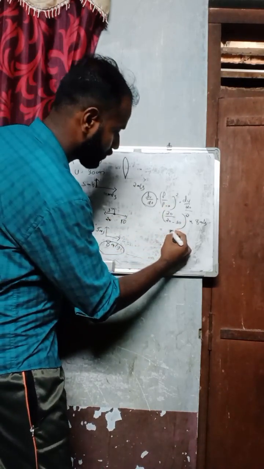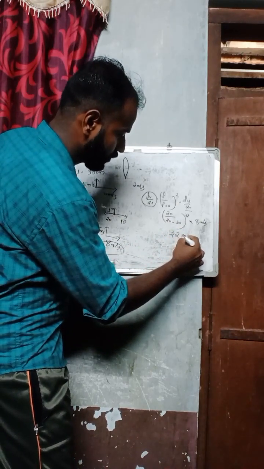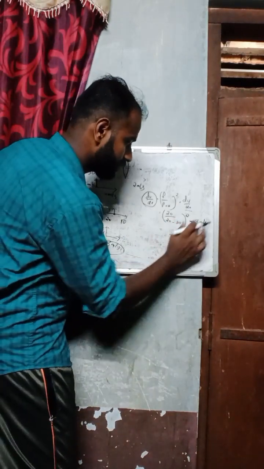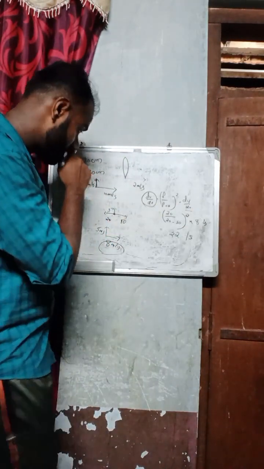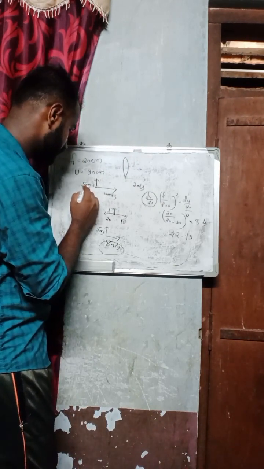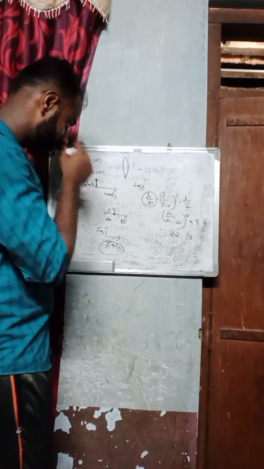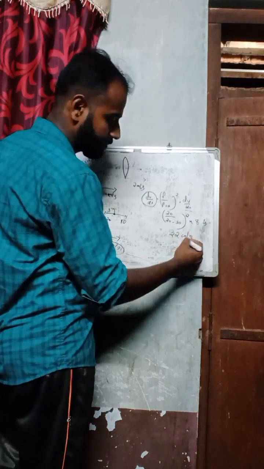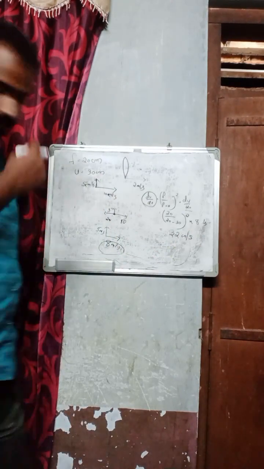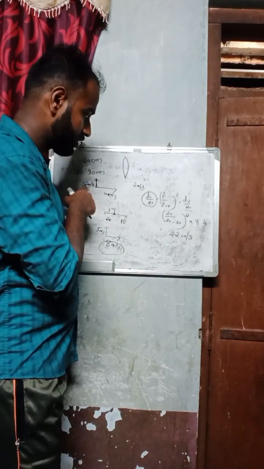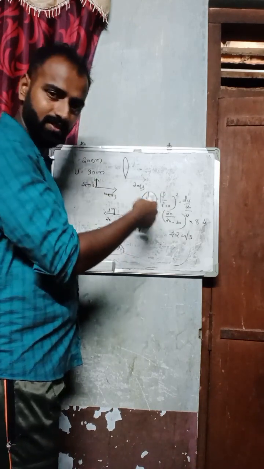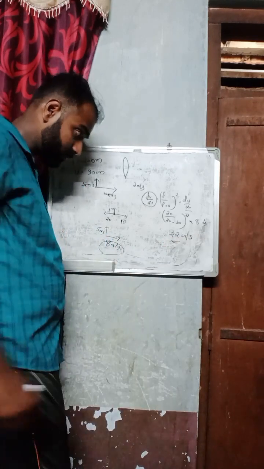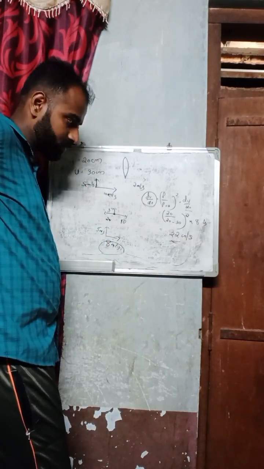So 8 into 4 is 32. Sorry, 32 centimeter per second, since all these velocities are in centimeter per second; or else I would have to convert the dimension. Even with conversion it would cancel, no problem. So that is 32.